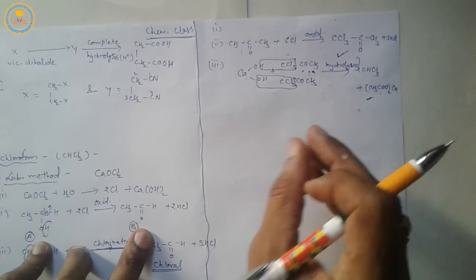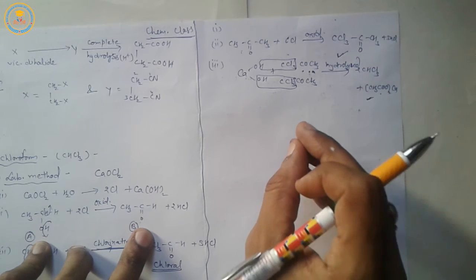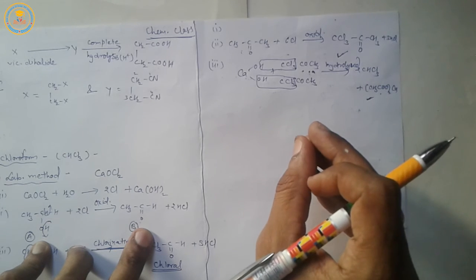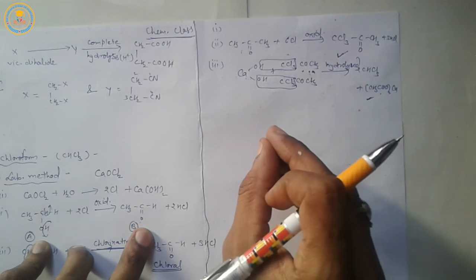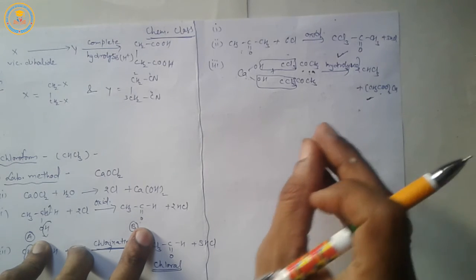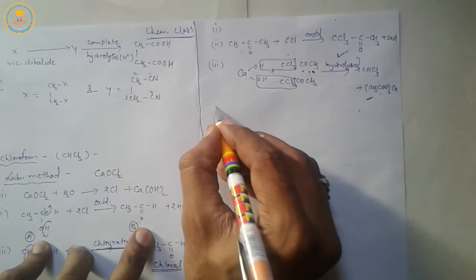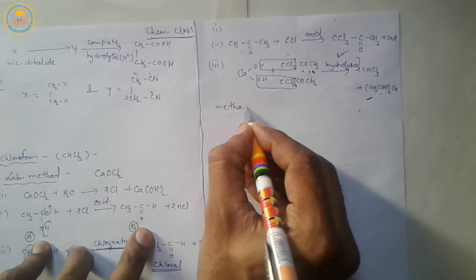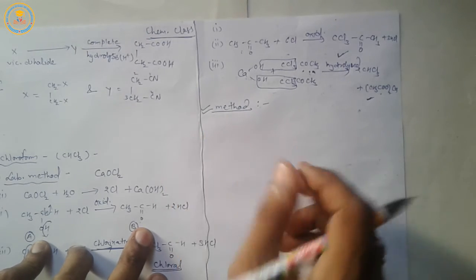The chloroform thus obtained is washed with dilute NaOH solution, dried with anhydrous calcium chloride, then on distillation again, pure chloroform is obtained. This is the method for preparation of chloroform.